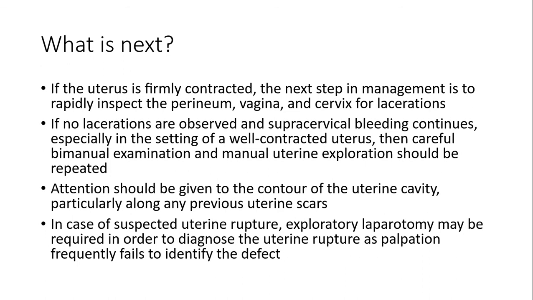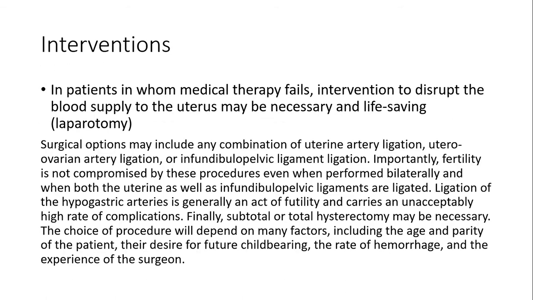In case of suspected uterine rupture, exploratory laparotomy may be required in order to diagnose the uterine rupture, as palpation frequently fails to identify the defect. So you cannot miss a laceration or a rupture of the uterus in case of such bleeding.